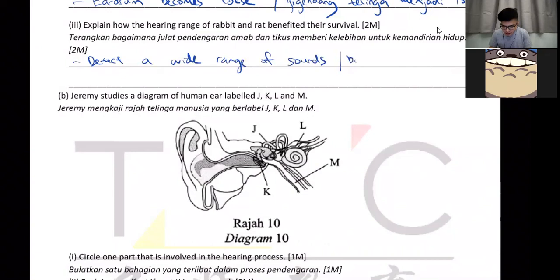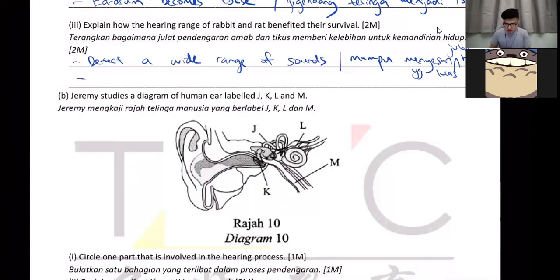Okay, mampu mengesan bunyi julat bunyi yang luas. I think it's called julat. Range is julat, right? Okay, the hearing range, julat pendengaran.